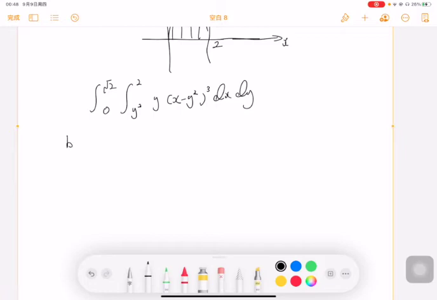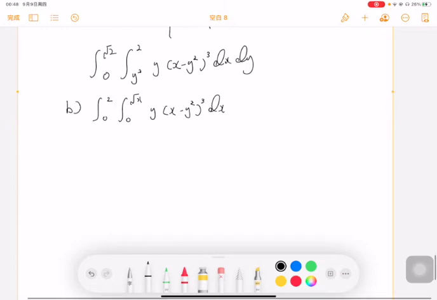For part B, let's evaluate the integral. You can pick whichever one you want. I'm just going to use the original one: the integral from 0 to 2 and then 0 to square root of x, y times (x minus y squared) cubed, dy dx.